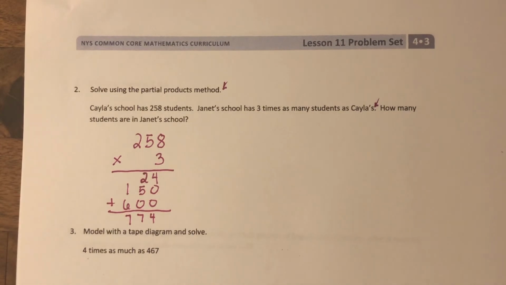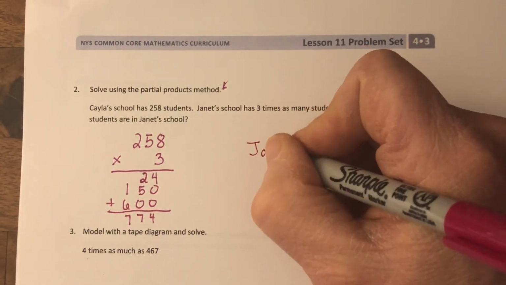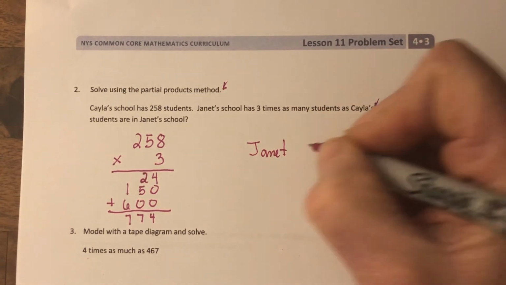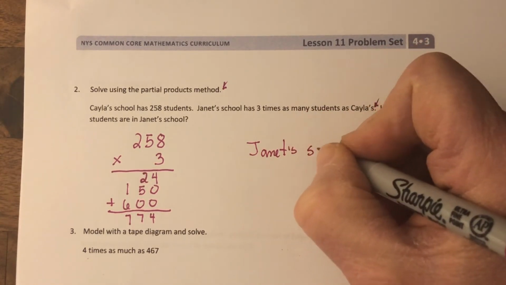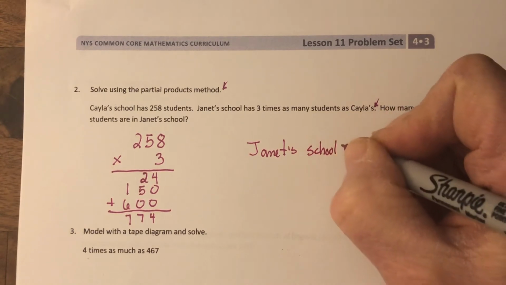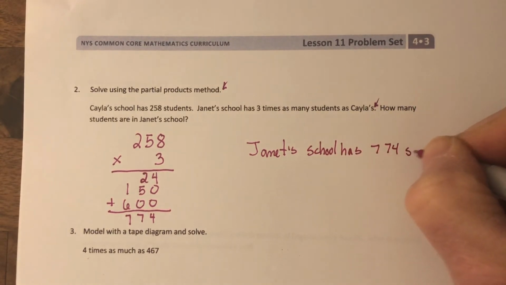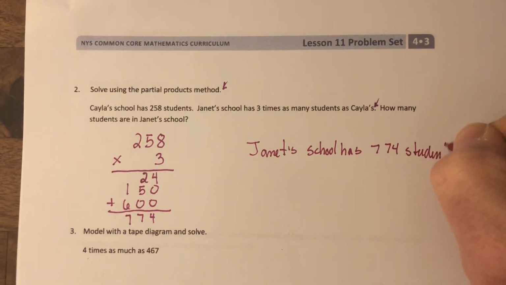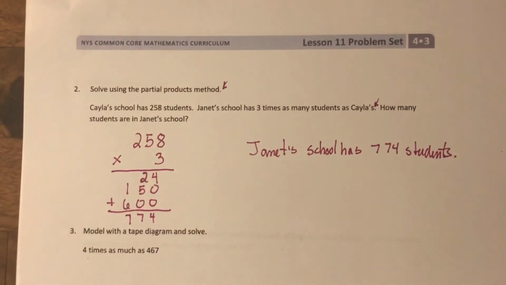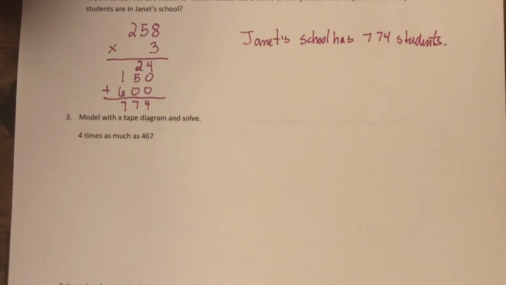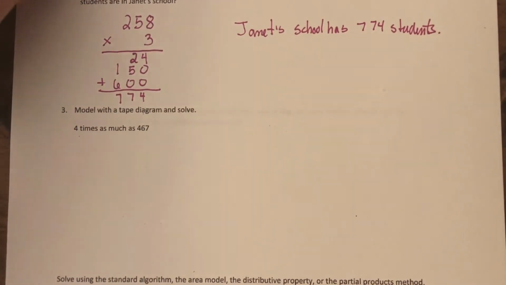So it looks like Janet's school has 774 students. Period. Okay. All right, so if you did the standard algorithm, I hope you ended up with the same number, all right?